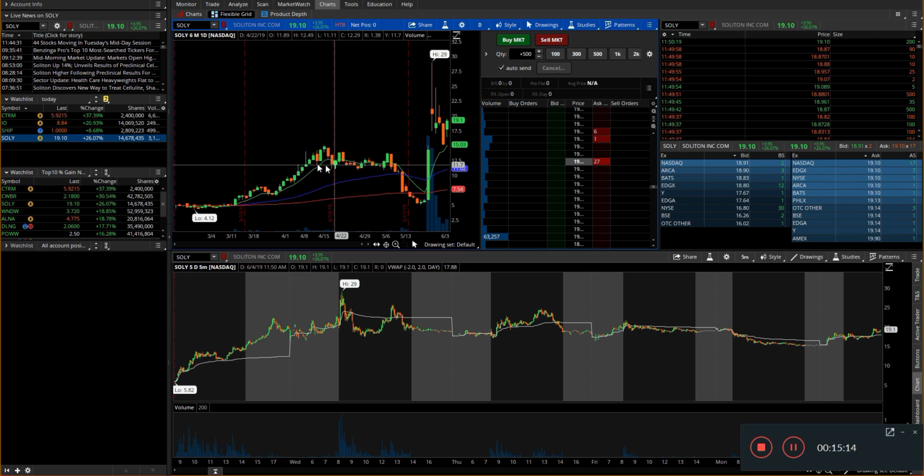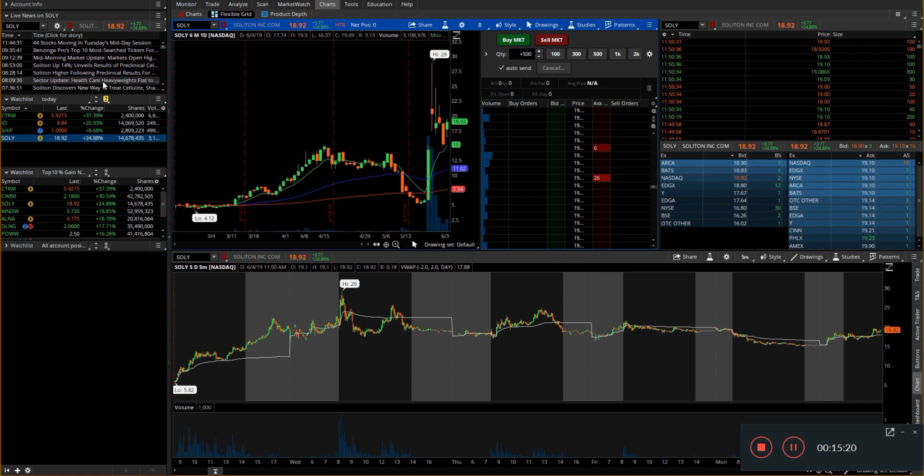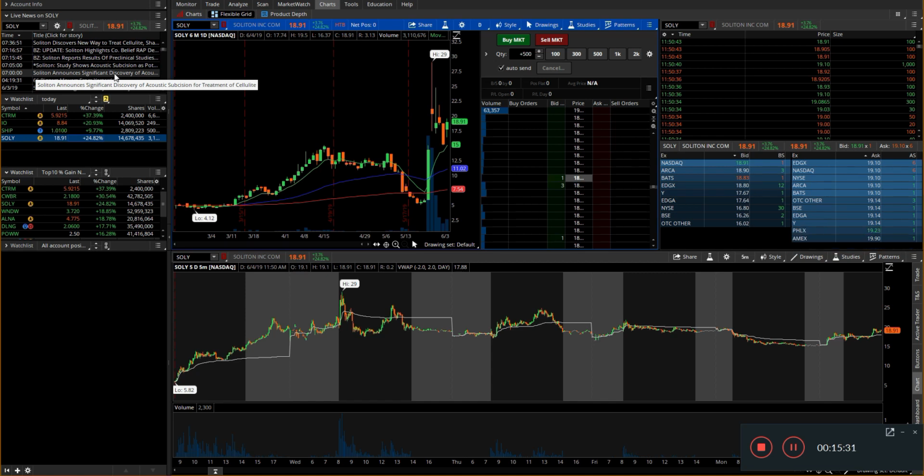And this is the last example we'll do. SOLY, 14 million shares. So it's got the low float. See the press release. Significant discovery of acoustic subcision for treatment of cellulite.